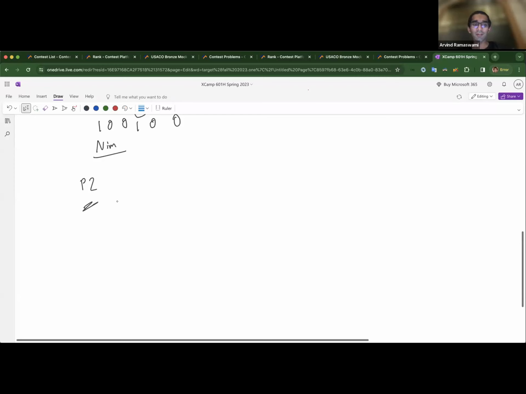A strategy for player 2: let's say the initial number of hay bales is 8, and player 1 removes X, where X is some number from 1 to 3. Then player 2 can make the sum equal to 4 by removing 4 minus X, and then this will be 8.